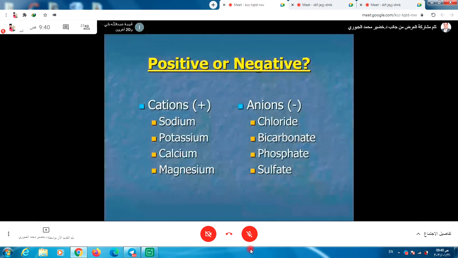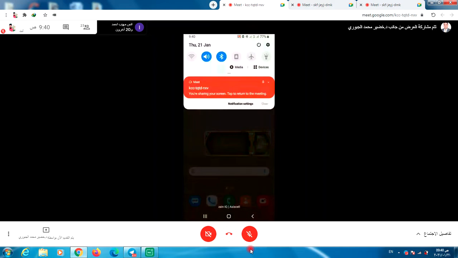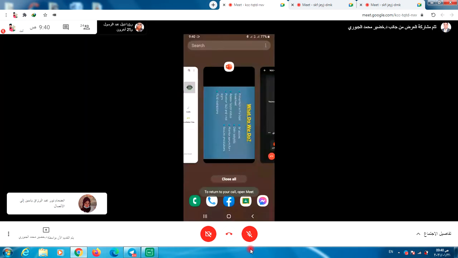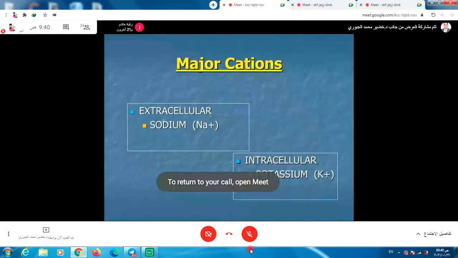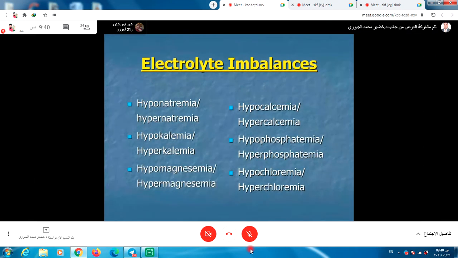While the negative anions are chloride, bicarbonate, phosphate and sulfate. The major extracellular cation is sodium, while the major intracellular cation is potassium.